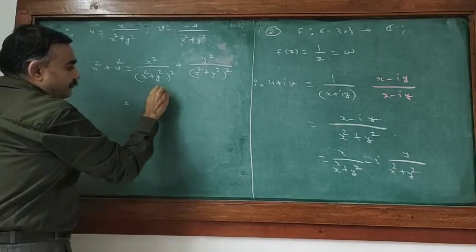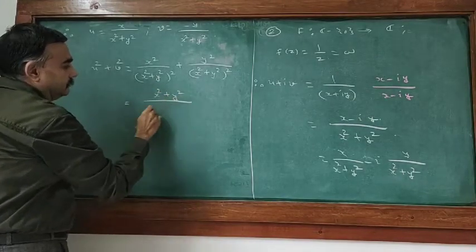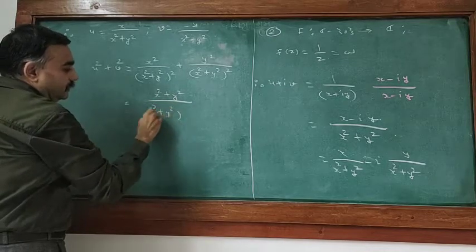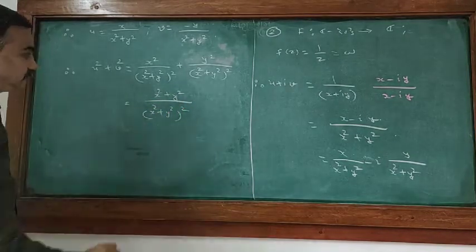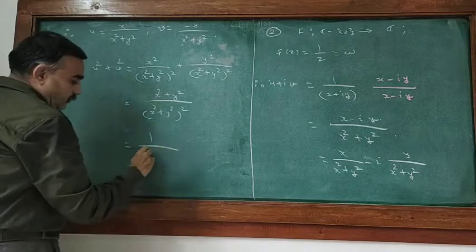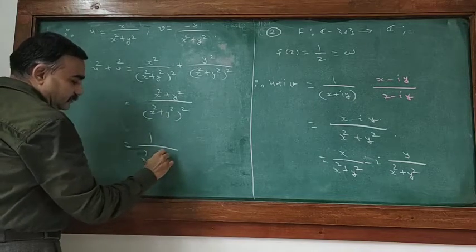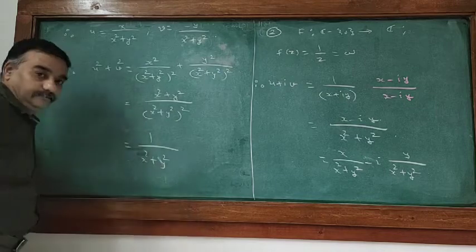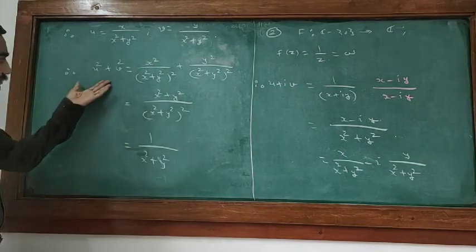If you add both these terms, this is equal to 1 upon x square plus y square. So u square plus v square is this.